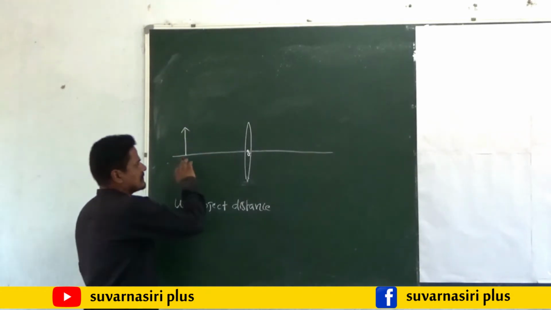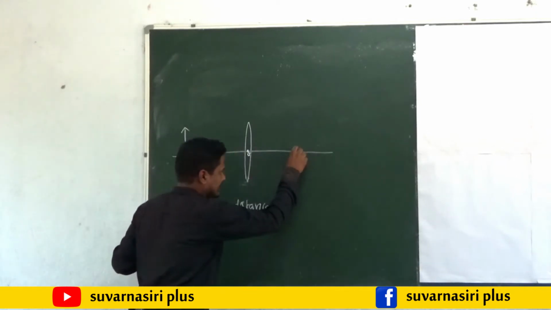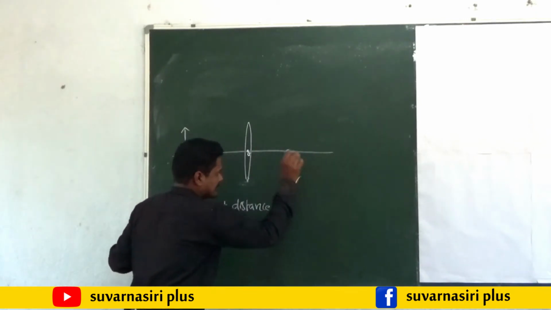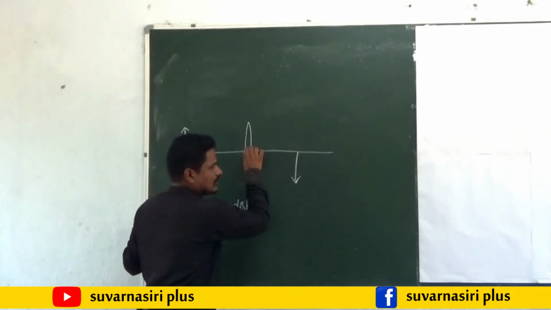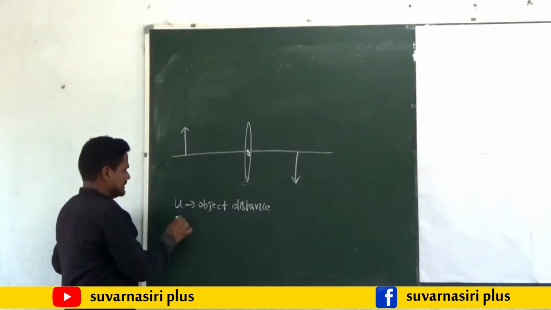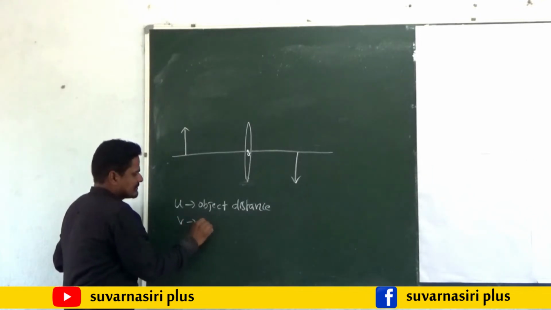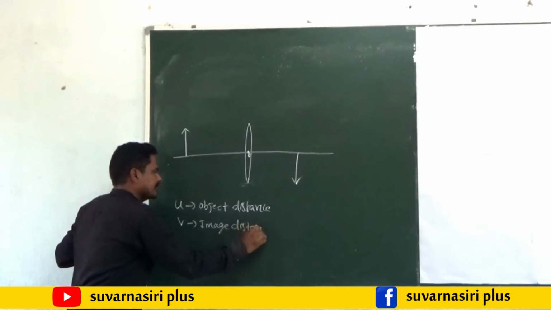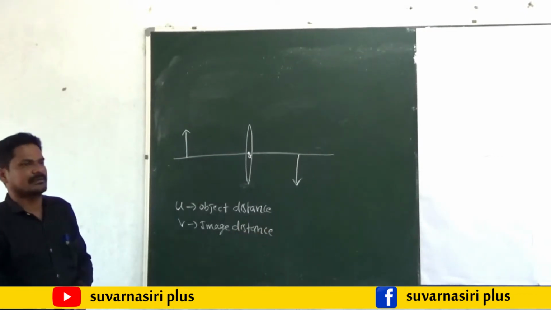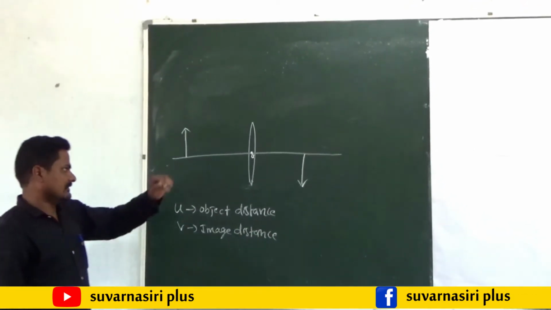If this object forms the image here, the distance from the optic center to the image is called the image distance v. At what time do we take positive and at what time negative?